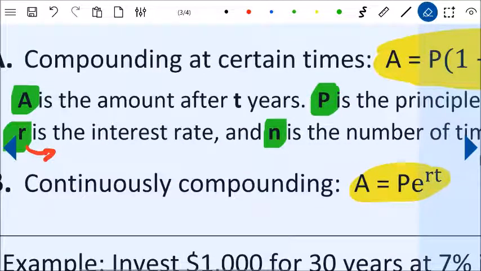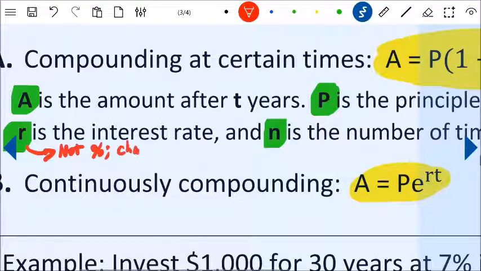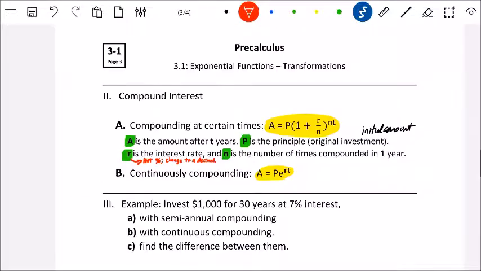Okay. Not percent. Change to a decimal. That was very important.